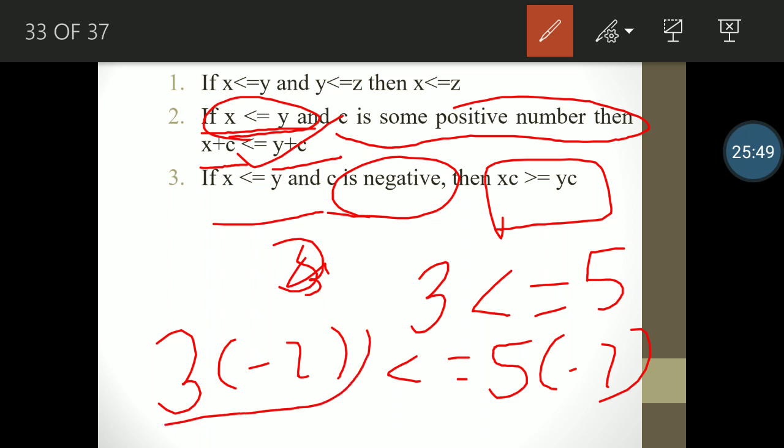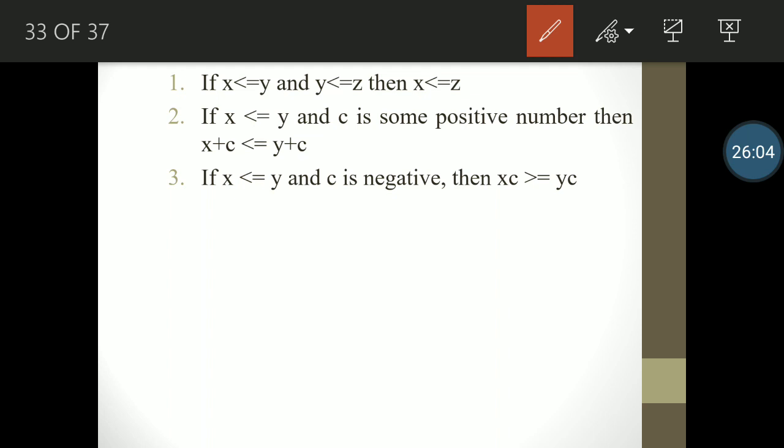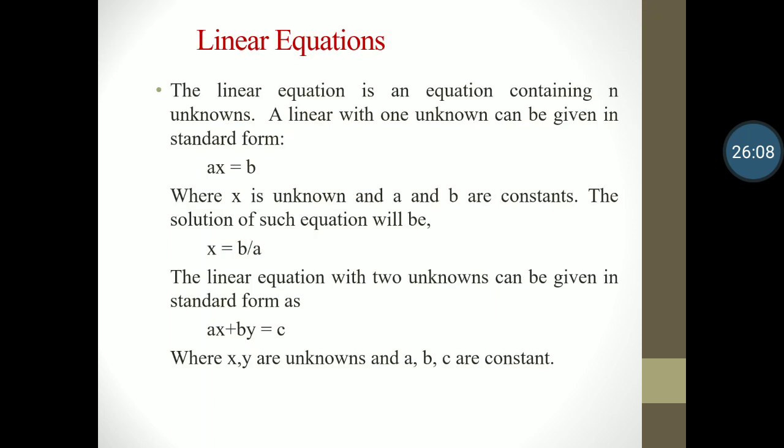So this will become minus 6 and this will become minus 10. Minus 6 less than or equal to minus 10 will be wrong. So we have to change our sign. It means if we multiply by any negative number, then we have to change our sign.